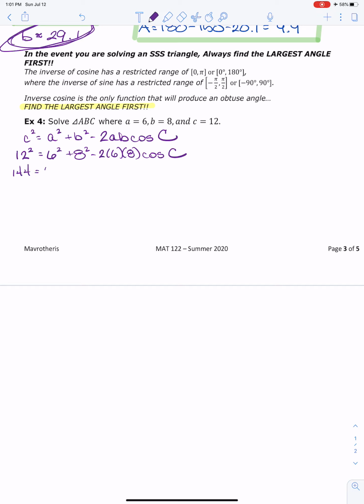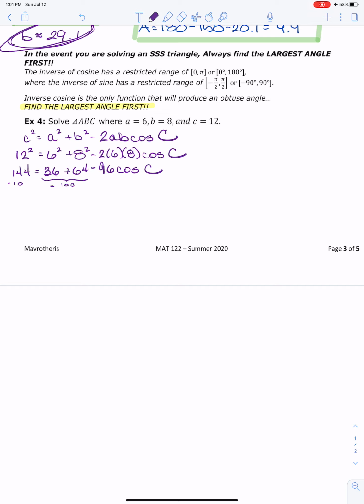Just so we have numbers, I got 144 equals 36 plus 64 minus 96. This must be the 96 I was thinking up above. Okay, I can add the 36 plus 64 together to get 100.